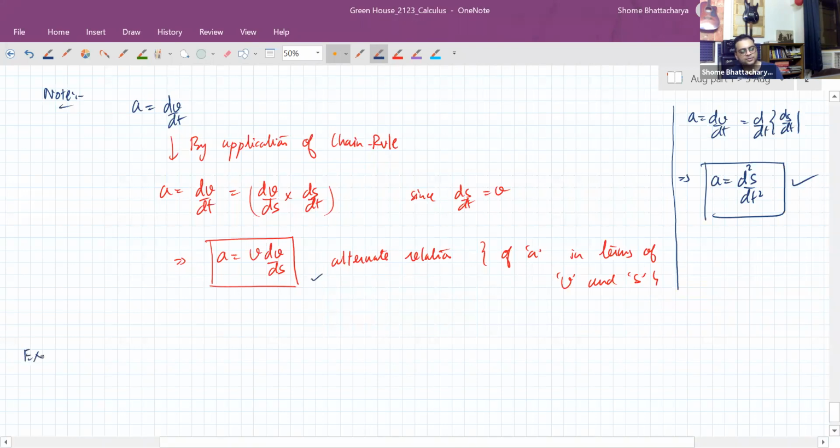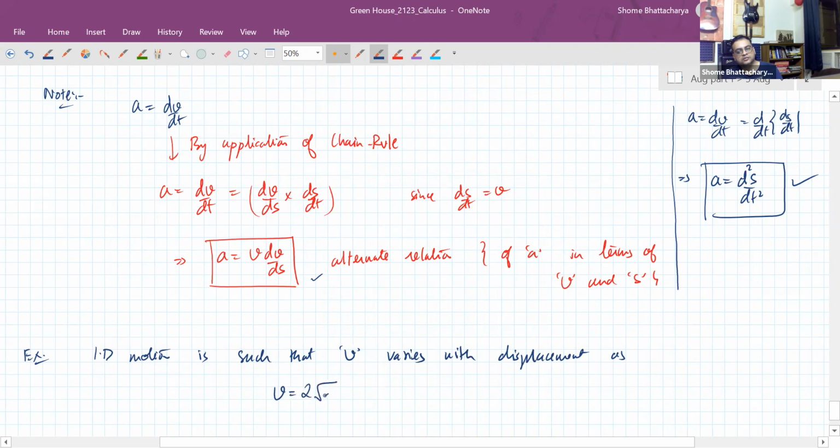Suppose we have an example where a 1D motion is such that velocity varies with displacement as v equal to, let's say, 2 root s, where s is in meters and v is in meters per second.